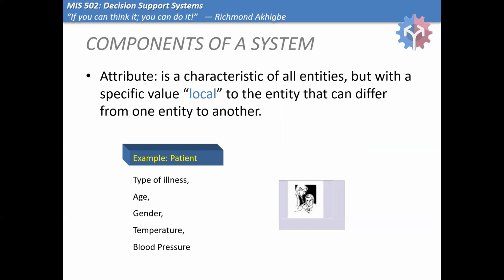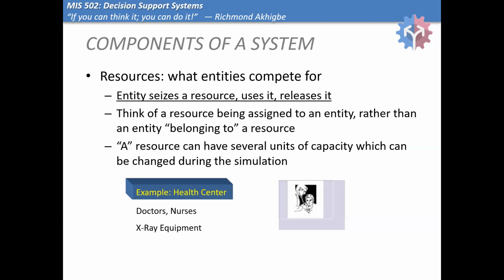If you see children coming in, then you say, this is where you find children's clothes, right? So you need to know what attributes are important to you. So for example, in terms of a patient, type of illness, age, gender, temperature, blood pressure could be the attributes, but this is specific to the entity you're talking about.